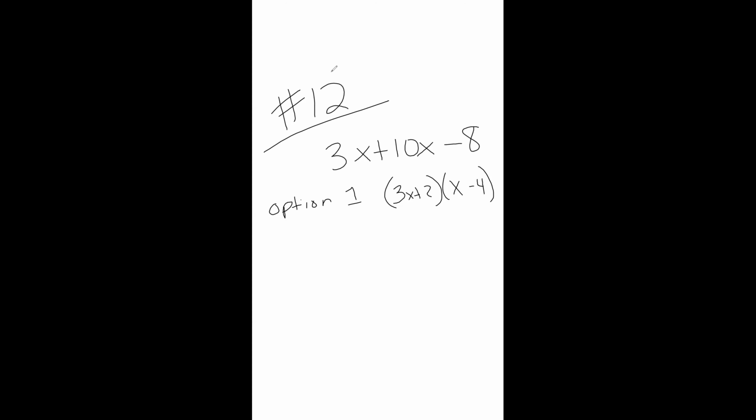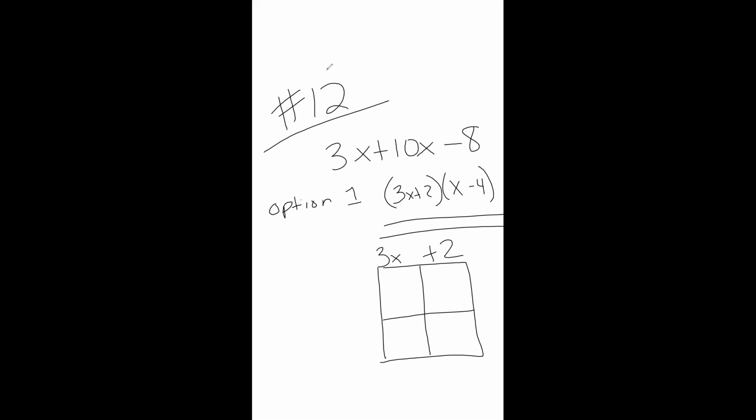Well, we can use this and just do the box method for each one, if you got really good at the box method, and see which one is our answer. So I'm going to do 3x plus 2 and then x minus 4. Remember, you can put a 1 there if you need to.